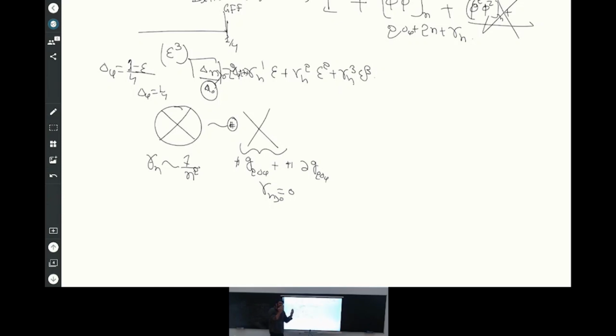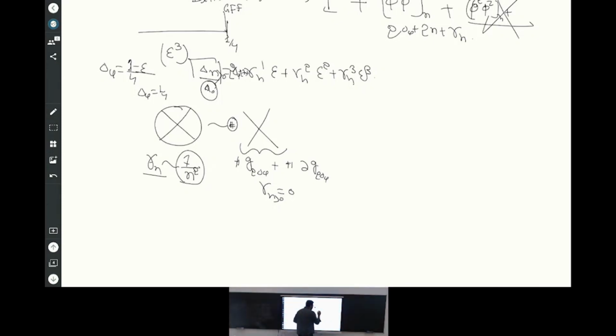So this gives us a hint that this solution actually has this extra suppression. I mean, usually the gamma n should go like 1/n², but this is absent in the leading order. Now, we assume that it could be the case also in the subleading order and so on. So this 1/n² term is absent.